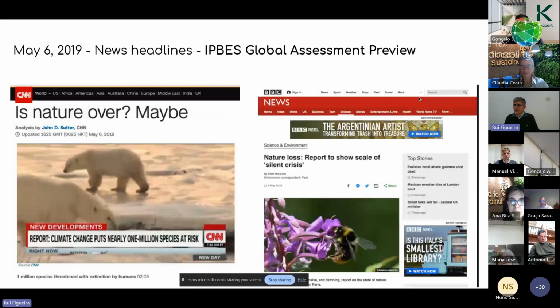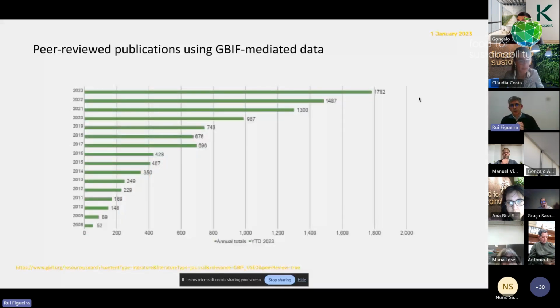So this is the kind of thing, and then because the aggregation of data is at high levels, it can also support global assessments like the ones done by the International Panel for Biodiversity and Ecosystem Services. Then in 2019 they made these previews of their report, the fifth report, where we saw that the dynamics of biodiversity was in concerning problems.